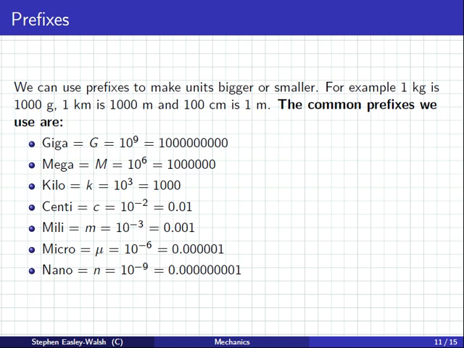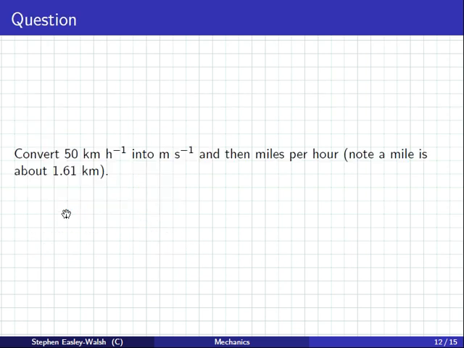I've seen deci and deca, but I don't think I've ever seen hecto. Actually, that would be very rare to see in physics. Maybe it's used in chemistry. Anyways, you got all that? Yeah? Okay. Next.